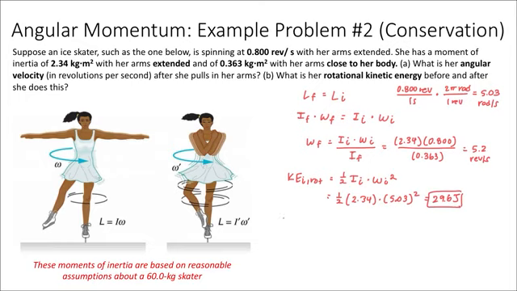Now at the end, after they have pulled their arms in, that would just be 1/2 times their final moment of inertia multiplied by their final angular velocity, and that would be equal to... All right, and please note here that I've multiplied the final angular velocity by 2 pi inside the parentheses in order to convert that to radians.